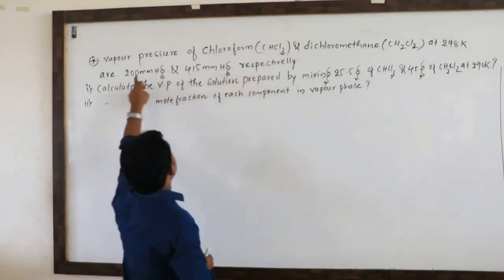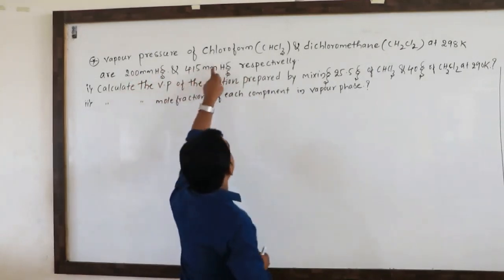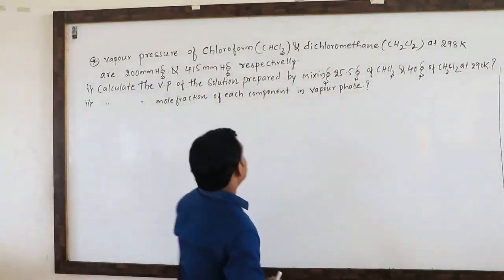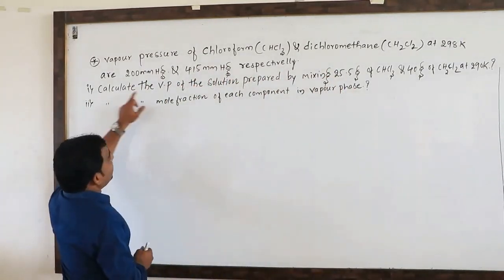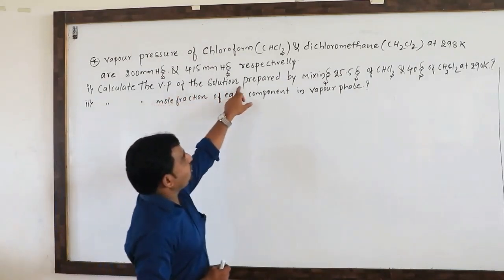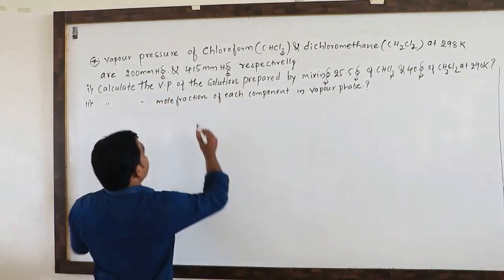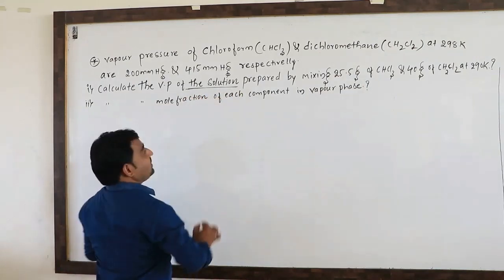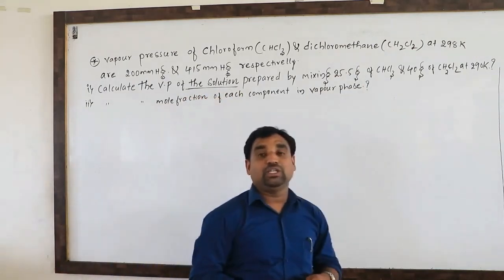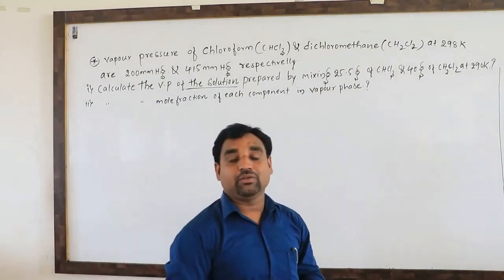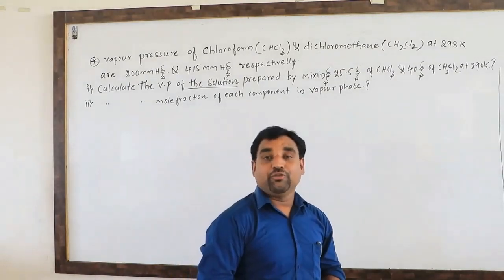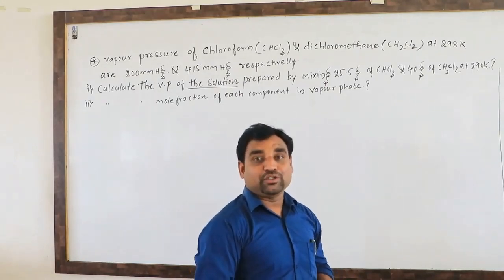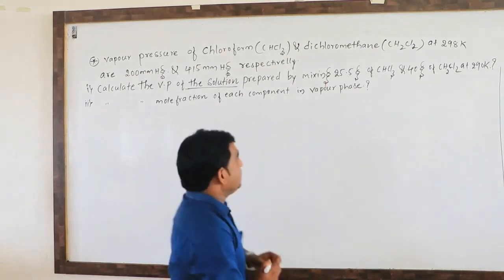It means 200 mmHg for chloroform and 415 mmHg for dichloromethane. The question is: calculate the vapor pressure of the solution. It means we have to calculate the total vapor pressure of the solution, that is P total, according to Dalton's law: the sum of the partial pressures of the components present in the solution.